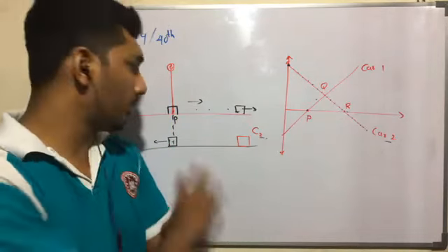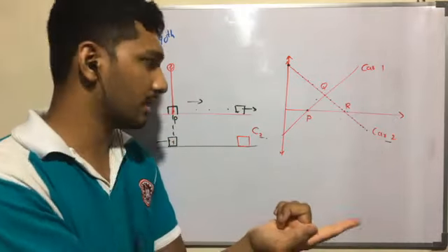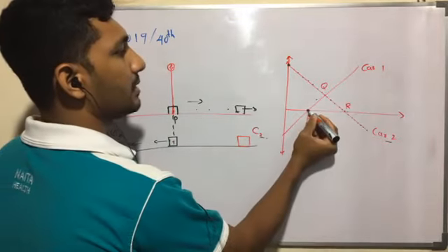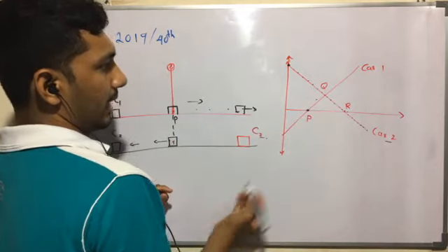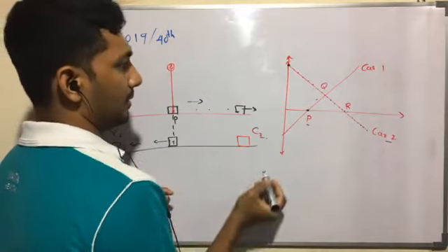So don't look at this, okay? These two are at the same point, but at different instances. You have to go by the graph. At that P instance, car 1 is at the lamp.